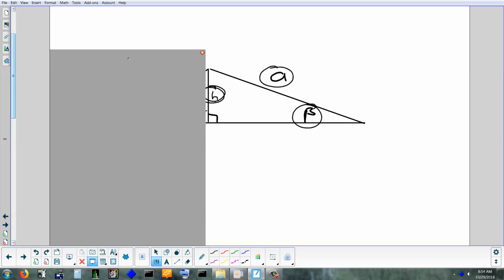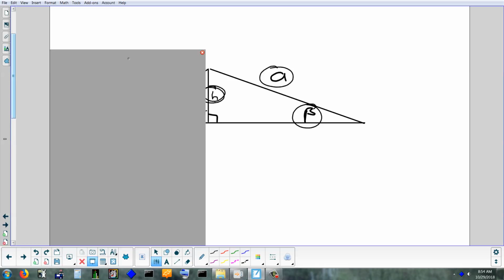So H, from the perspective of my angle that I've circled, what side is H? The height. And from the perspective of beta, what would you name it?